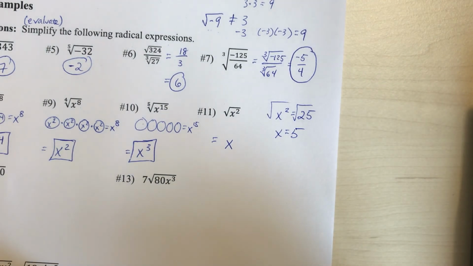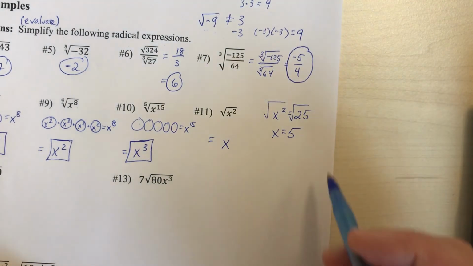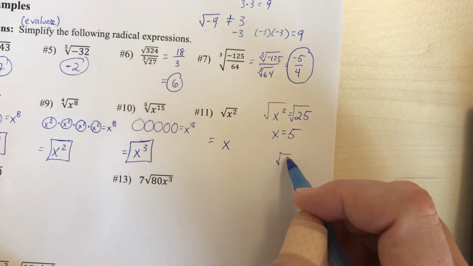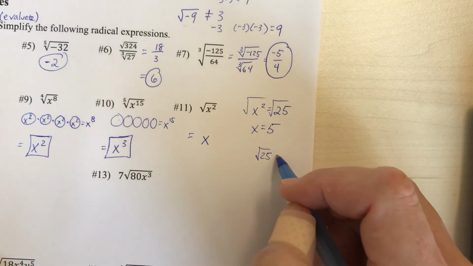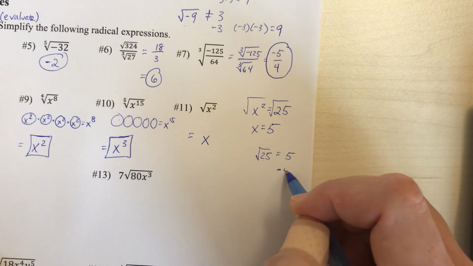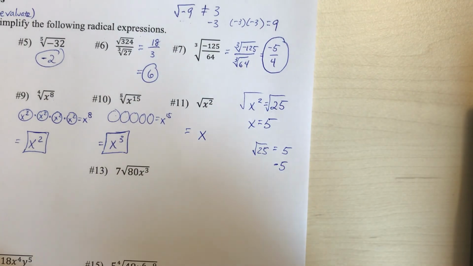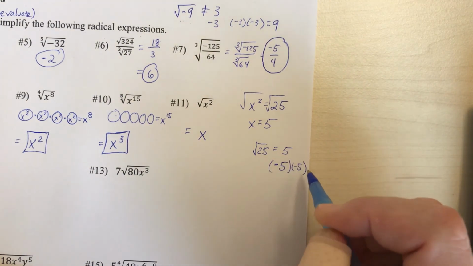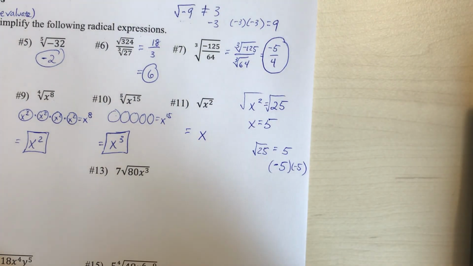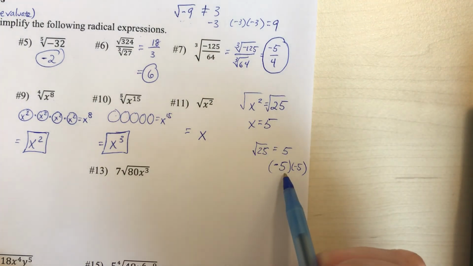However, we do need to be careful here, because if I take the square root of 25, there's actually 2 answers to this. It's 5, but it's also negative 5. I could do a negative times a negative, and I would still end up with 25. Now, why have we not done that before?